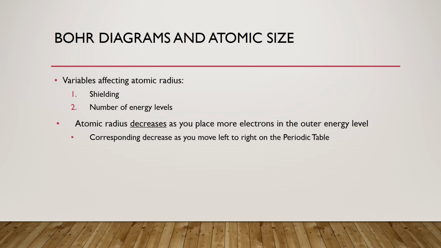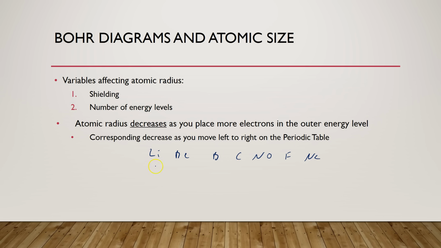And so we see a corresponding decrease in the size of the atom as you go from left to right. So let's say all the elements in row 2. So we got lithium, and then beryllium, and then boron, carbon, nitrogen, oxygen, fluorine, and neon, right? So that's left to right.